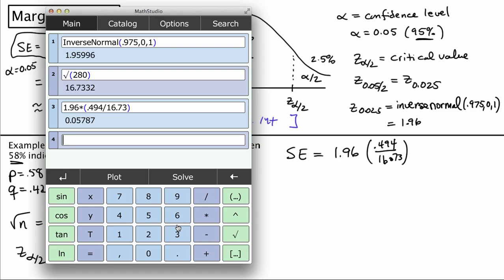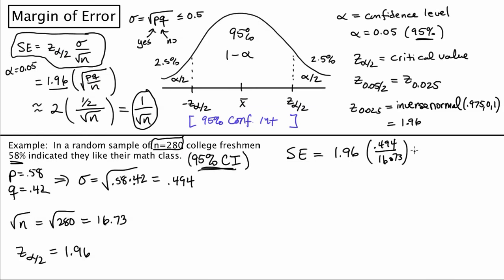It's about 0.058. Now, this is as a decimal. In terms of this problem, since we're quoted a percentage, this is really 5.8%. So this is the error. This represents 5.8% this way, 5.8% that way.